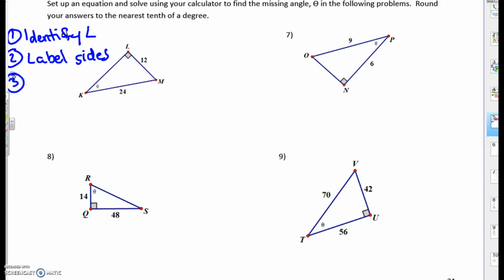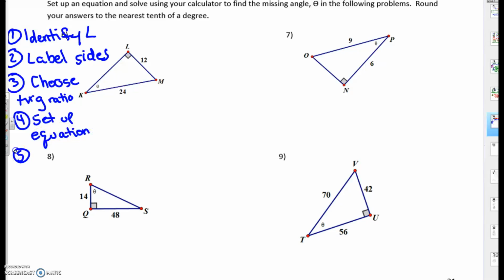Third step, you're going to choose a trig ratio. And then fourth, after we choose our trig ratio, we're going to set up an equation and solve. Those are our steps.